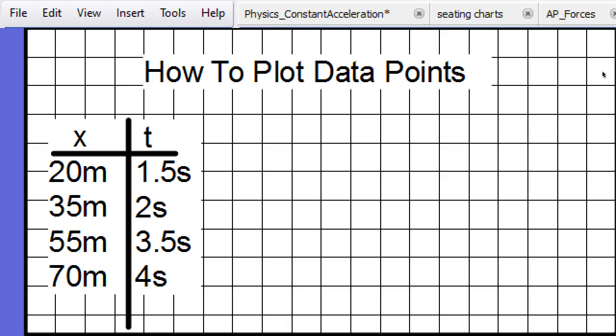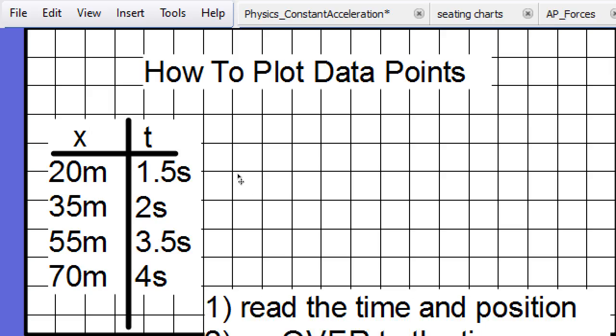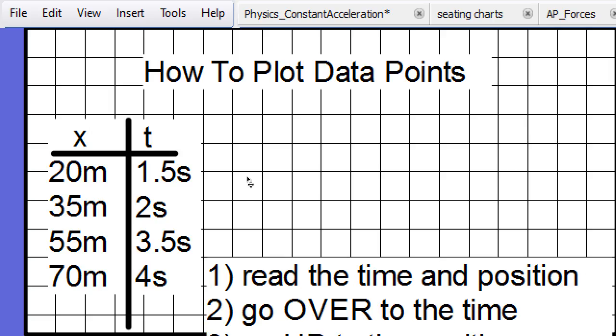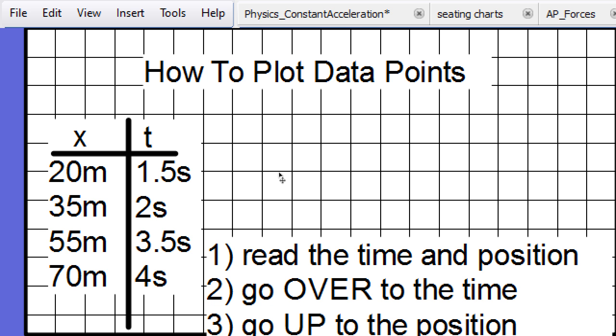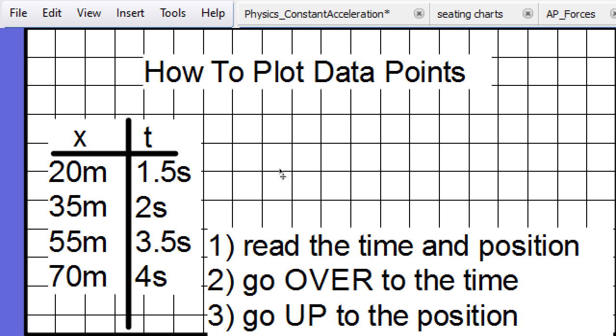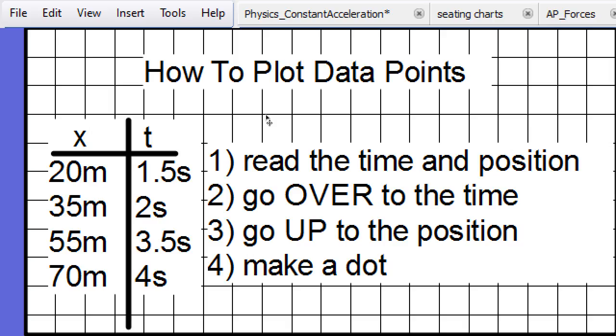So now that I have my axes set up, and I know what my data is, for each data point I'm going to read the time and position, so 1.5 seconds and 20 meters. Then I'm going to go over to that time on the axis. Then I'm going to go up to that position and make a dot.